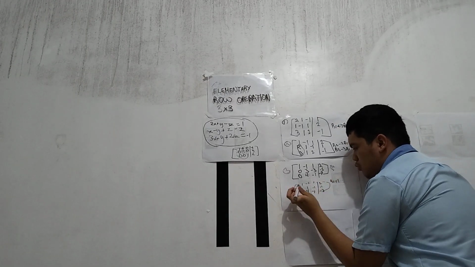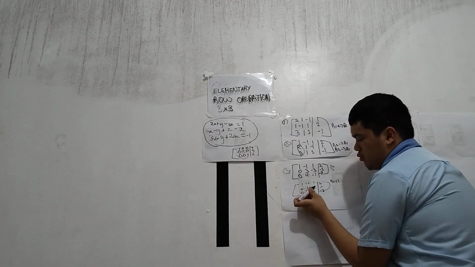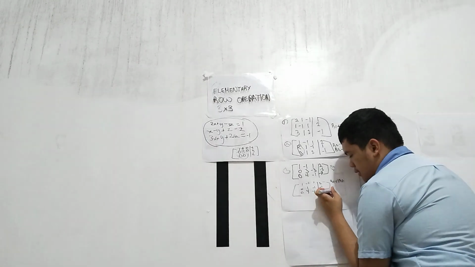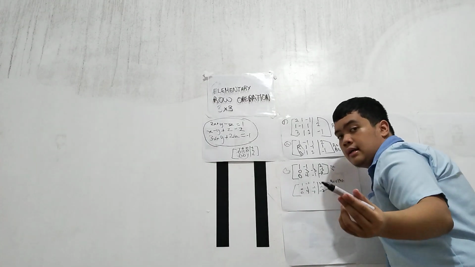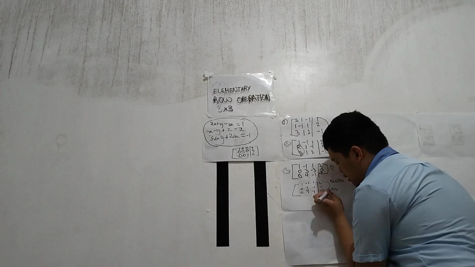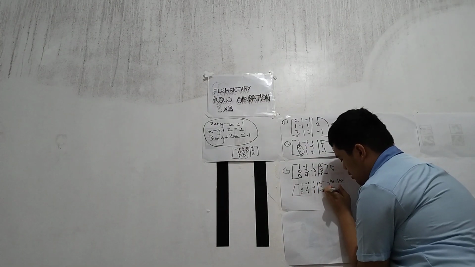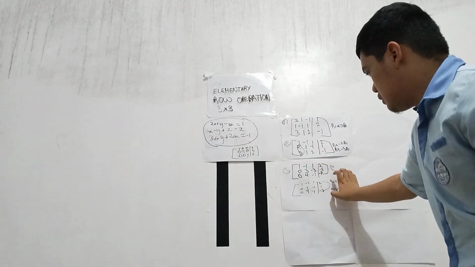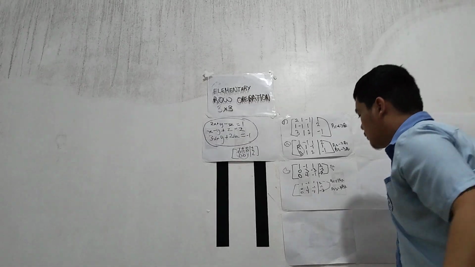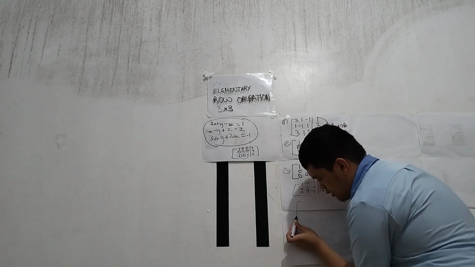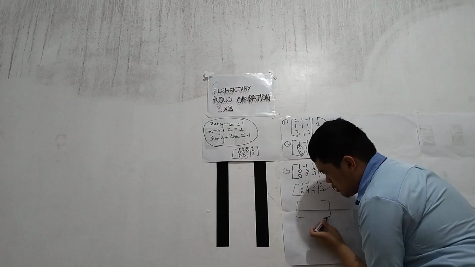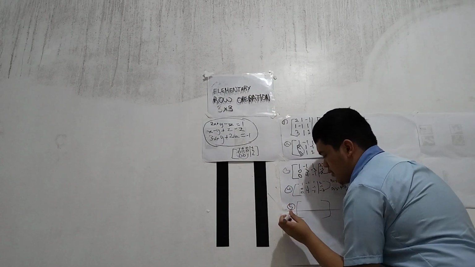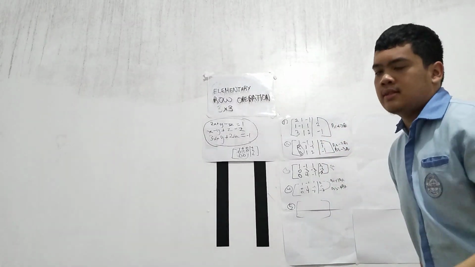Positive 1, and we need to make this in R2 and 0 in R3, and we apply the same concept to that: R3 minus 4 R2. Now we have this. You see, right? We are substituting that to this. This is the fourth, to the fifth augmented matrix and the fifth step.